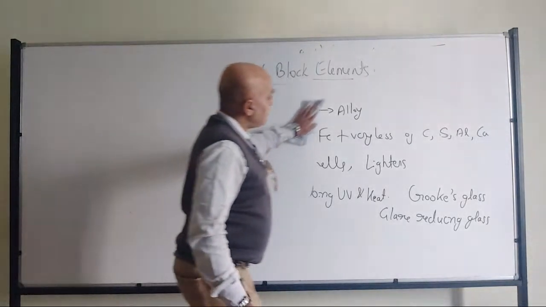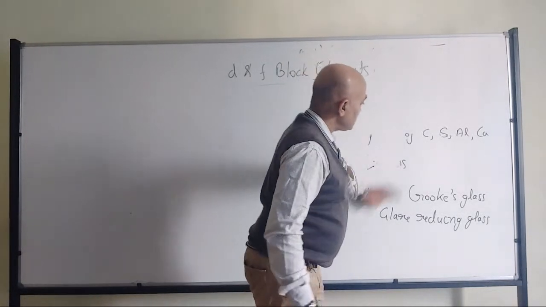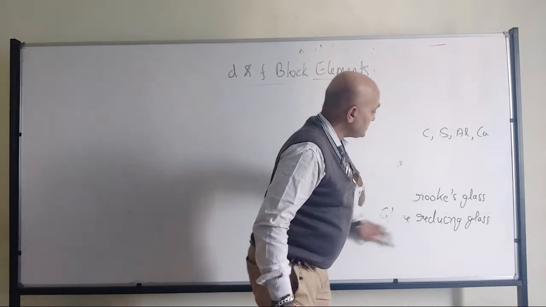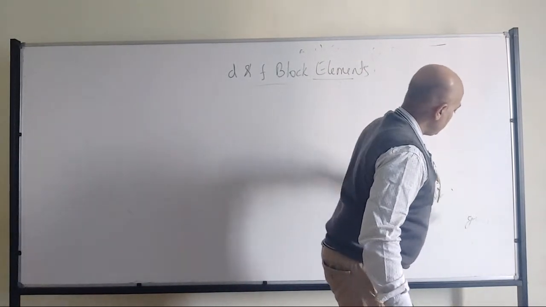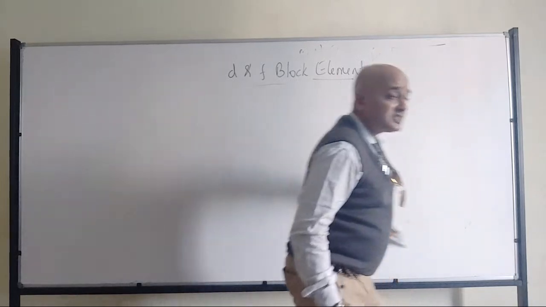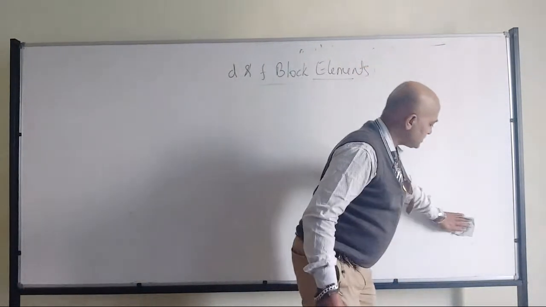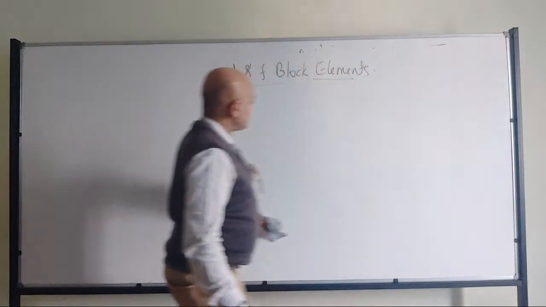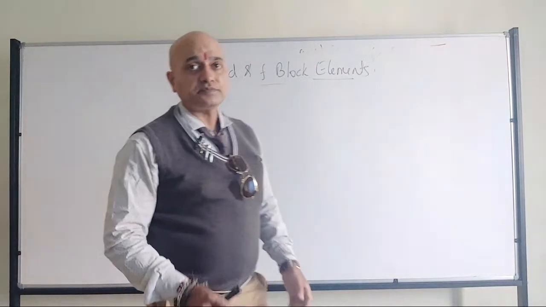Don't worry about the name of the element, but remember which is the common oxidation state and which are the other oxidation states shown by the lanthanides. The common oxidation state is +3, and the other oxidation states are +2 and +4.